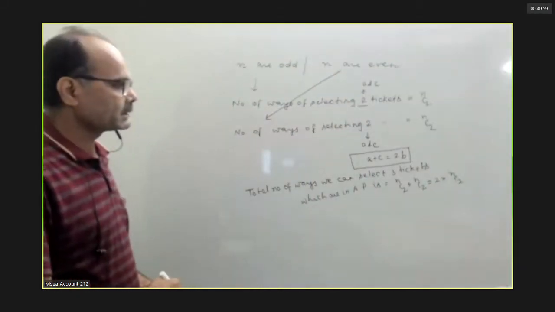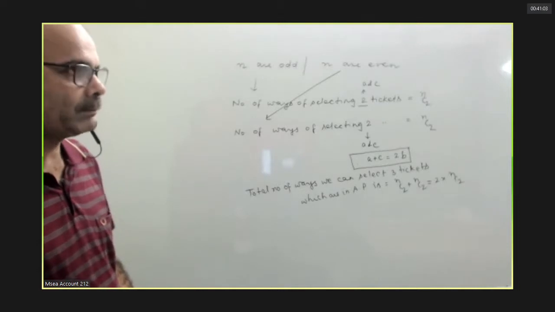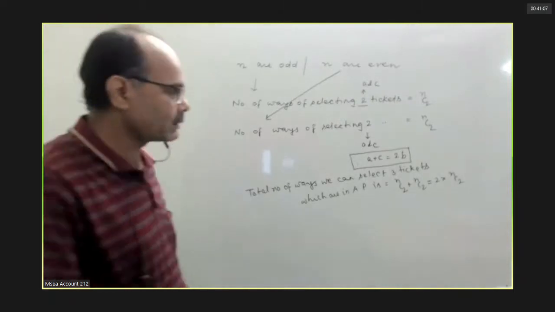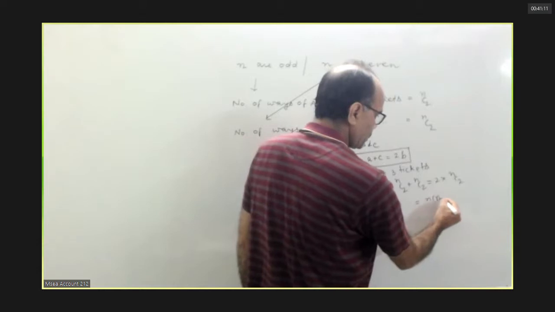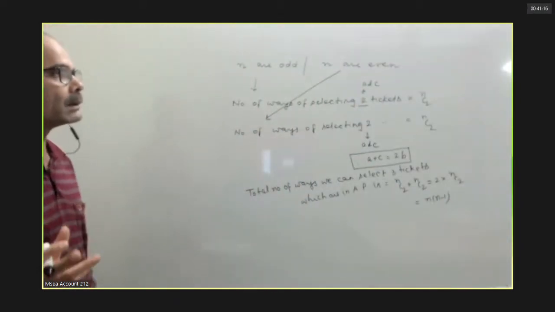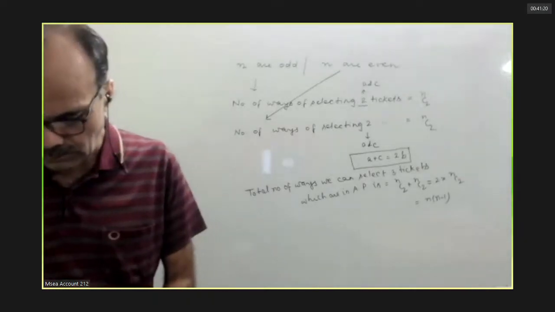Check whether it is the same or different: n into n minus 1 by 2, times 2, gives n into n minus 1. Previously also we got the same thing, n into n minus 1. Correct. Same answer.